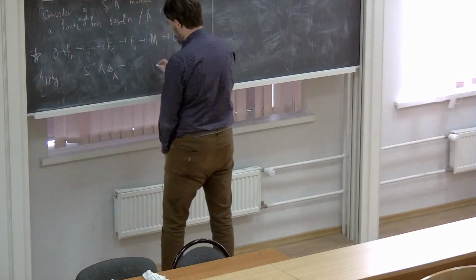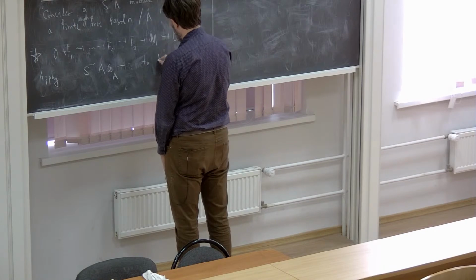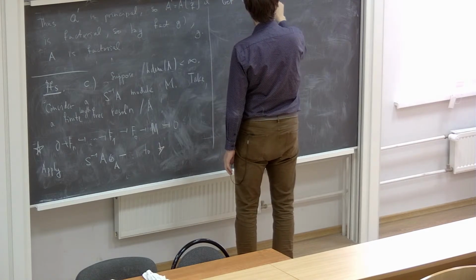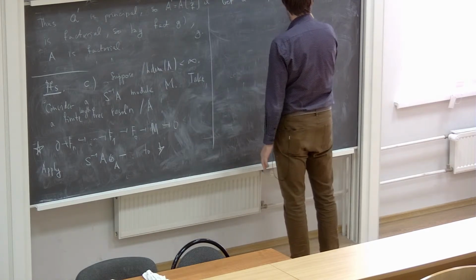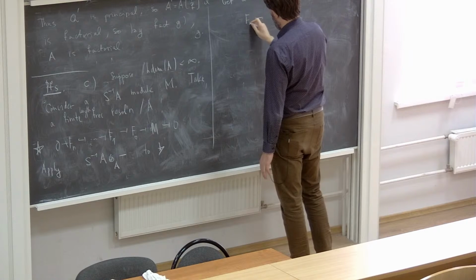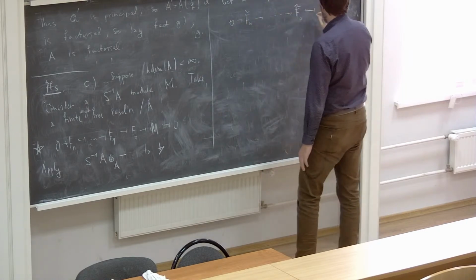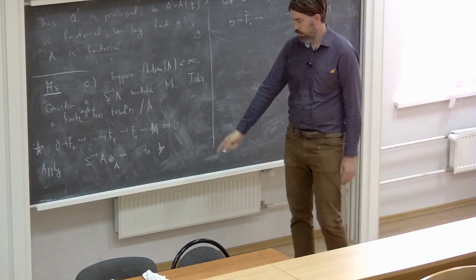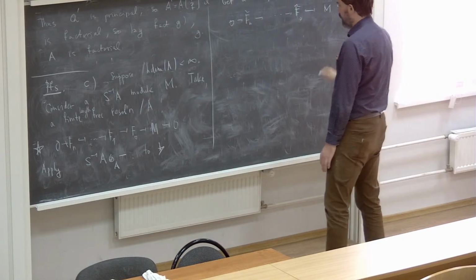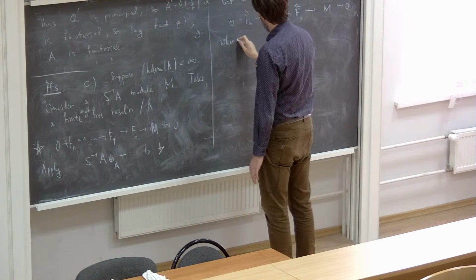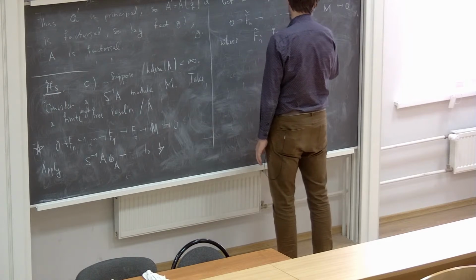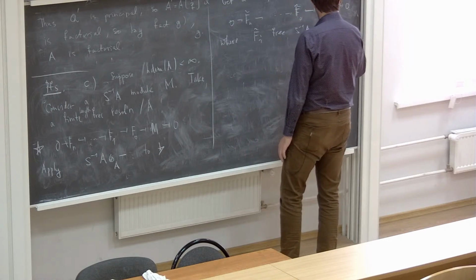So, applying star, we'll get a complex which looks like this. Nothing will happen to M itself because it was already a module over S inverse A, where these guys are free S inverse A modules. And we need to check that the result is exact.